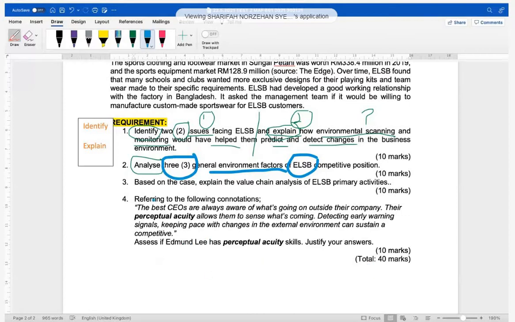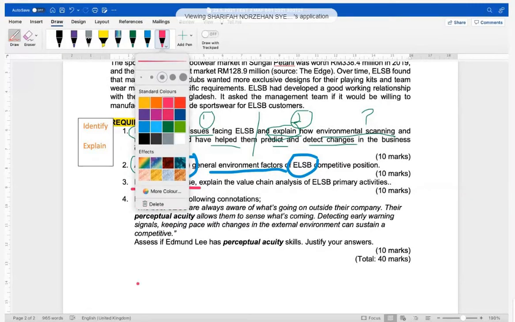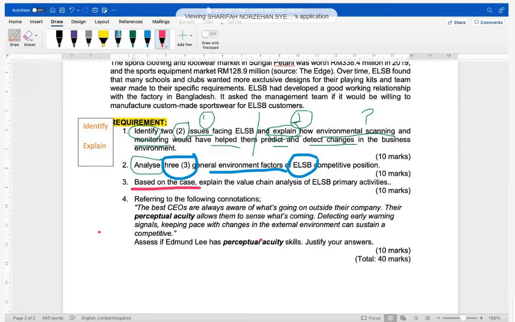Again, another one more. Based on the case, you are to... One question has a lot to explain. Okay, you have to explain. What is it that they want you to explain? Value chain analysis of ELSB primary activities.